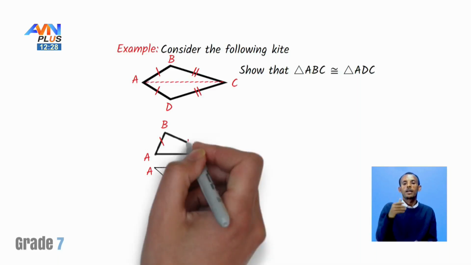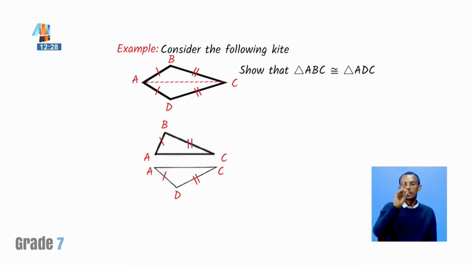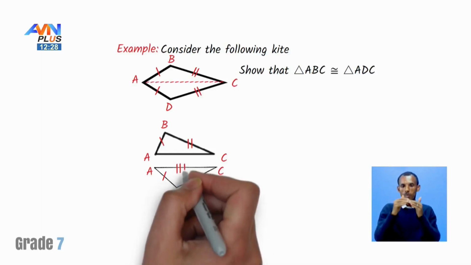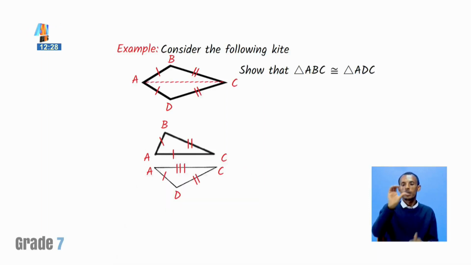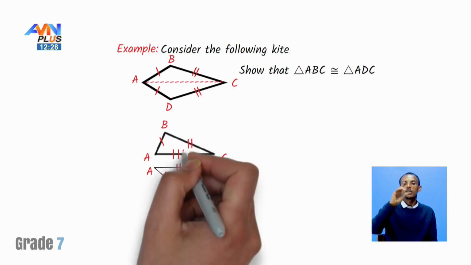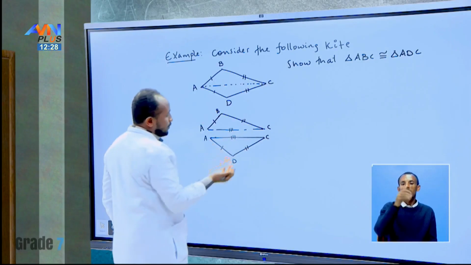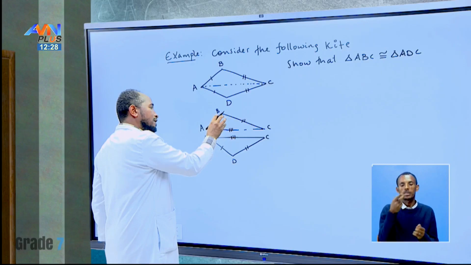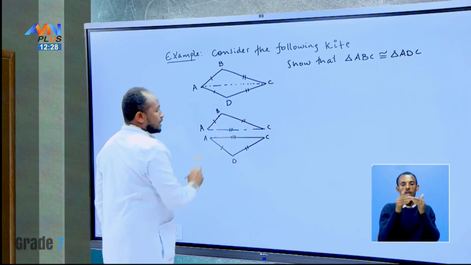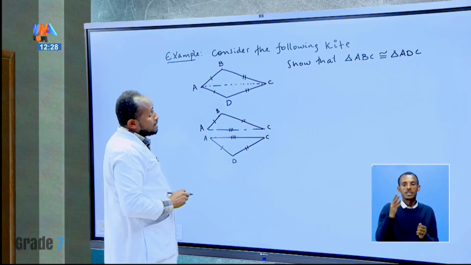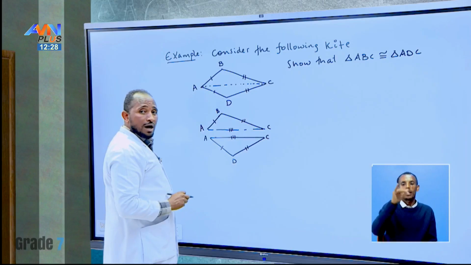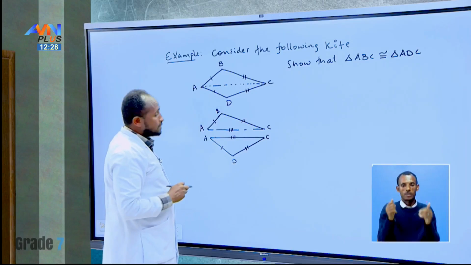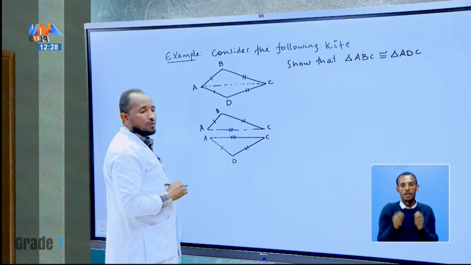This one is D. This side is congruent to this one, and this side is congruent to this one. This is common for both. Therefore, as you can see, the three sides of this triangle are congruent with the three sides of the lower triangle. Therefore, by the side congruency test, the two triangles are congruent.